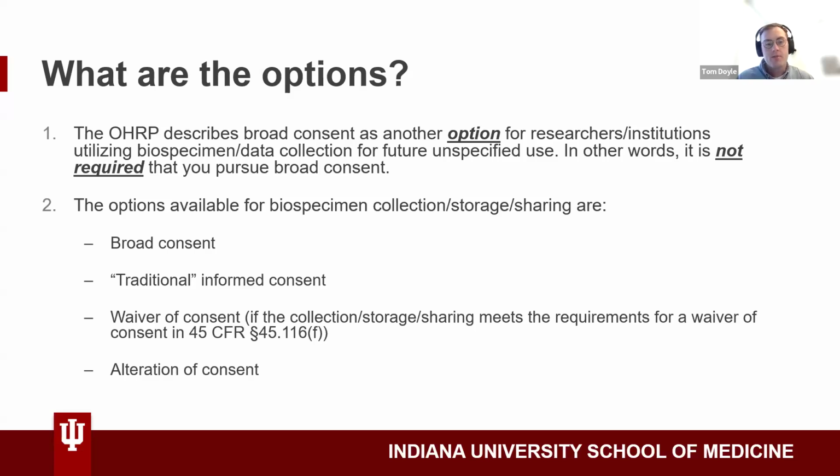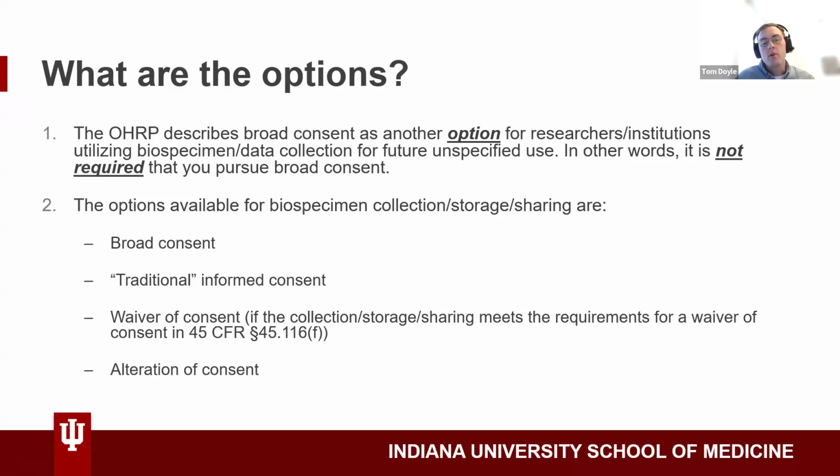So what are the options available for you? Well, you can do broad consent, right? You can do traditional informed consent if it's possible. You can do a waiver of consent. This would require you to look more into whether your study or your storage of the samples could qualify for a waiver of consent, and that option is available for you to read more on in the rules itself, and also various IRB pages can tell you more about waivers of consent.